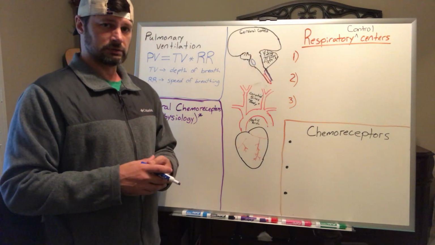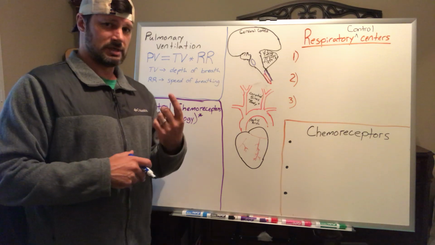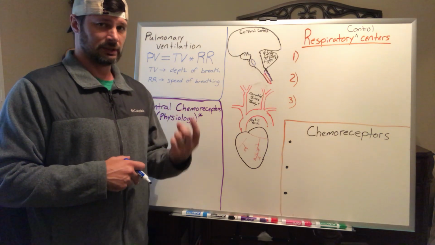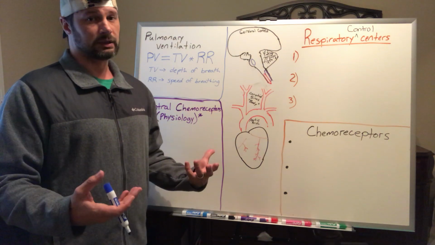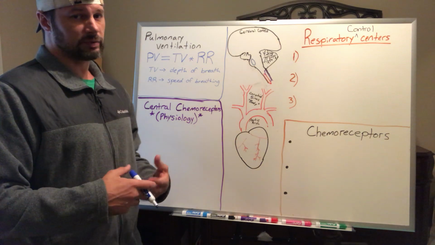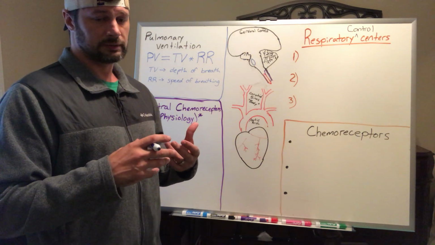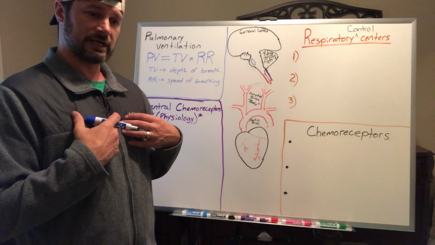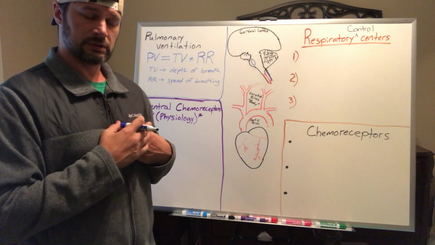Number one muscle involved in ventilation is the diaphragm. The next muscle involved in normal, everyday, passive breathing is the external intercostal muscle. And that's really it. When those muscles contract, the thoracic volume gets bigger, the pressure drops inside of your thoracic cavity, therefore air flows in from high to low.